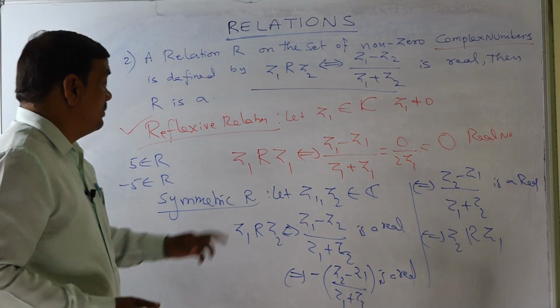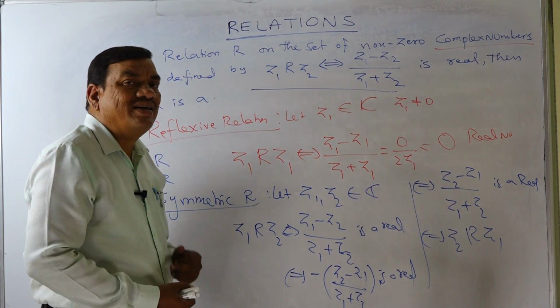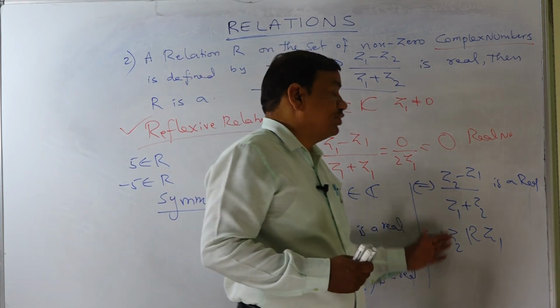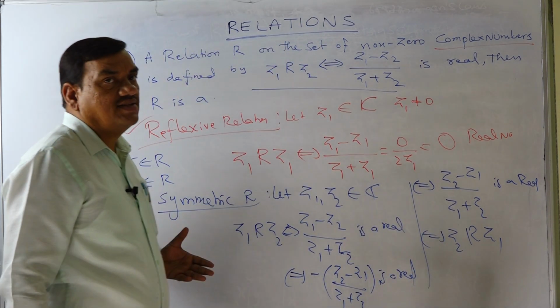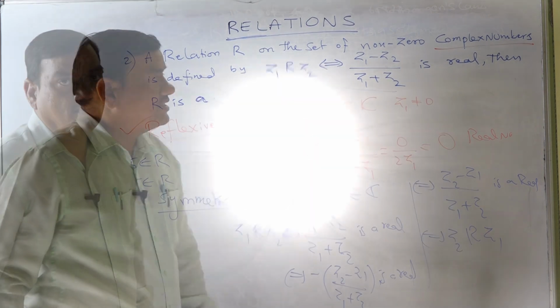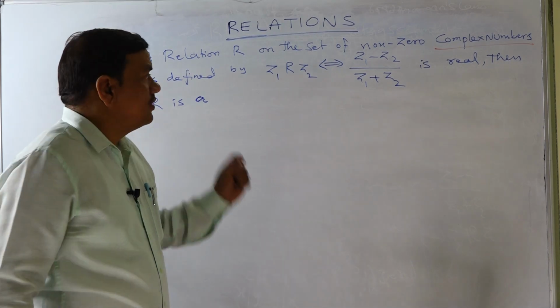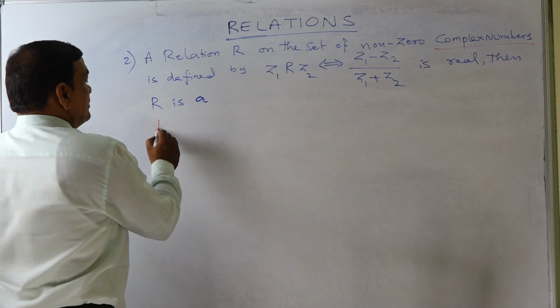Okay? So this is a symmetric relation. So let us check the transitivity of this relation. Okay, so we are checking transitivity.